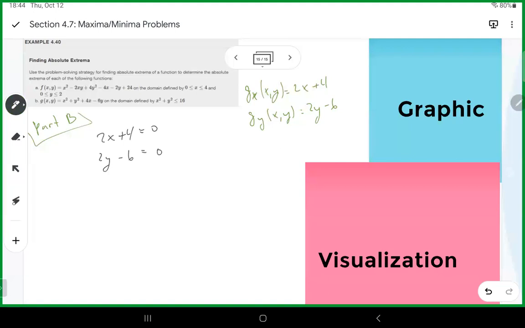So solving for this system, we get x equal to -2 and y equal to 3. So that means we have a critical point at (-2, 3). If we plug that into G, we get -13.